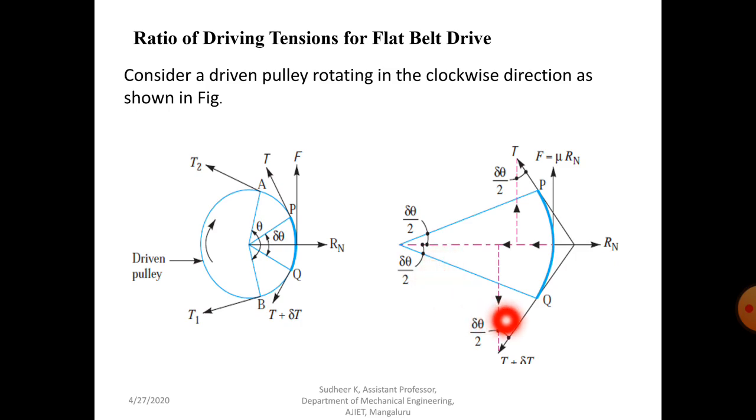If I consider d theta by 2, this will be a right angle triangle such that the opposite side will be the sine function. So that is nothing but the left side force, and whatever the cos function gives you is the vertical force.